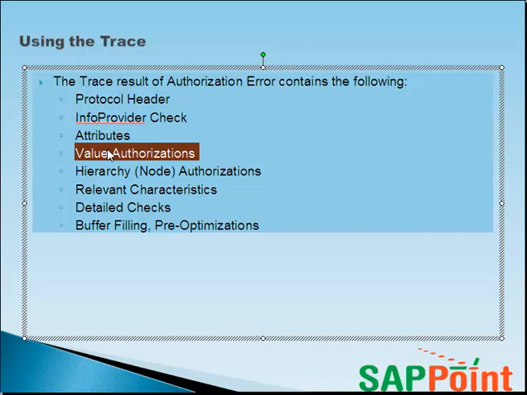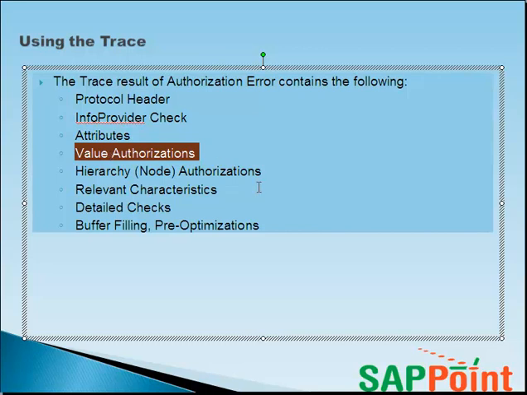Now, the thing to remember here is that value authorizations are always combined from all valid authorizations for the current info provider. This means that all values from all authorizations for the info provider are put together into the list of authorized values.